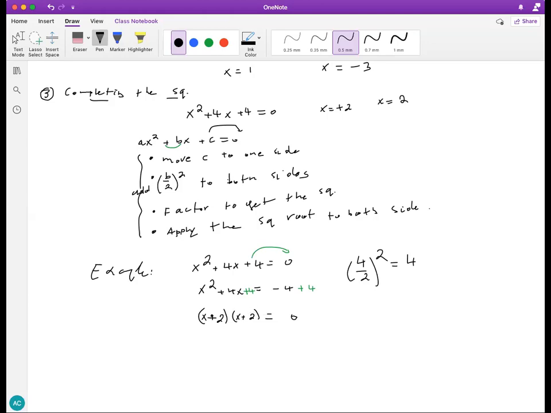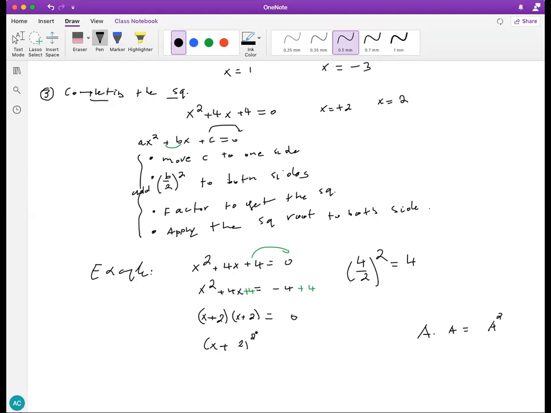Now, when you multiply something by itself, for example, a times a, what is a times a? A squared, that's right. Same thing here, we have something times itself. That means it's that thing squared. So x plus 2 times itself means that to the second power.